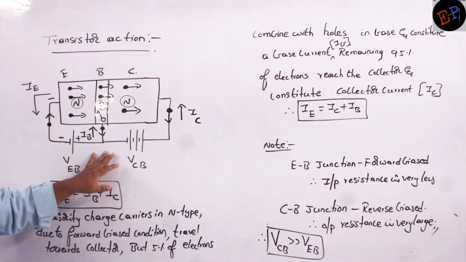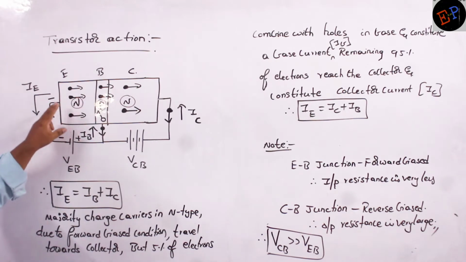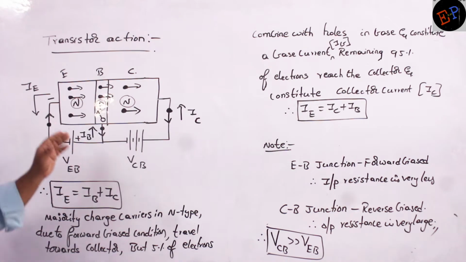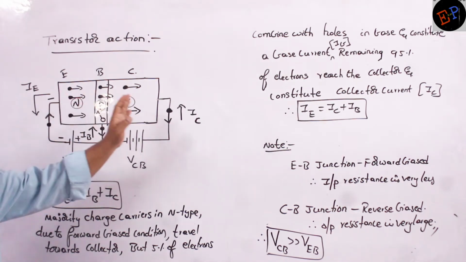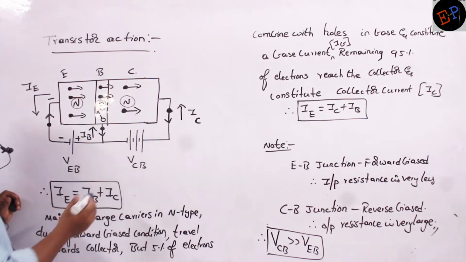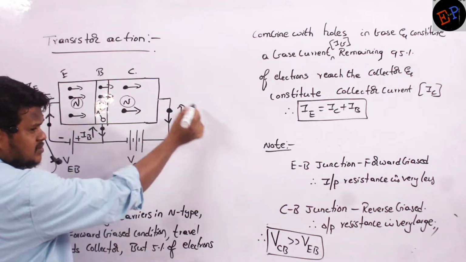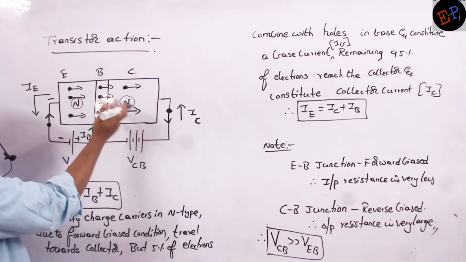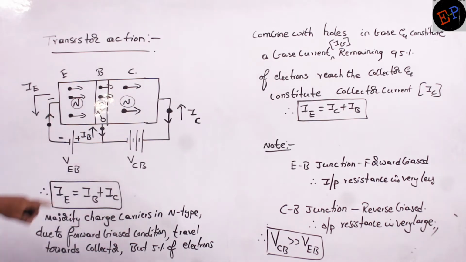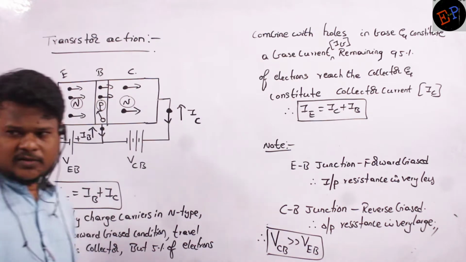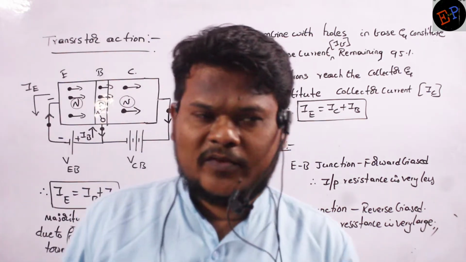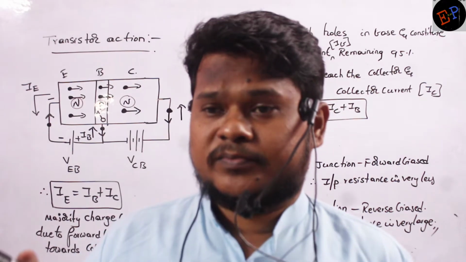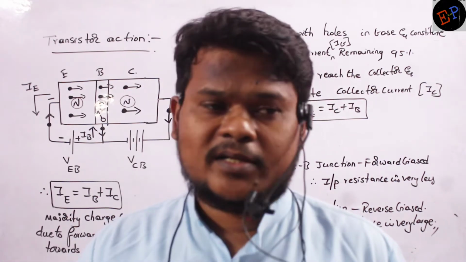And we already studied how much percent of emitter electrons will combine with the base: only 5%. The remaining 95% enter into the collector. So this constitutes another current, which is called collector current. Electrons are moving in this direction, so the current should be in the opposite direction. Already we have studied the conventional direction of current: flow of positive charges is taken as the direction of current.